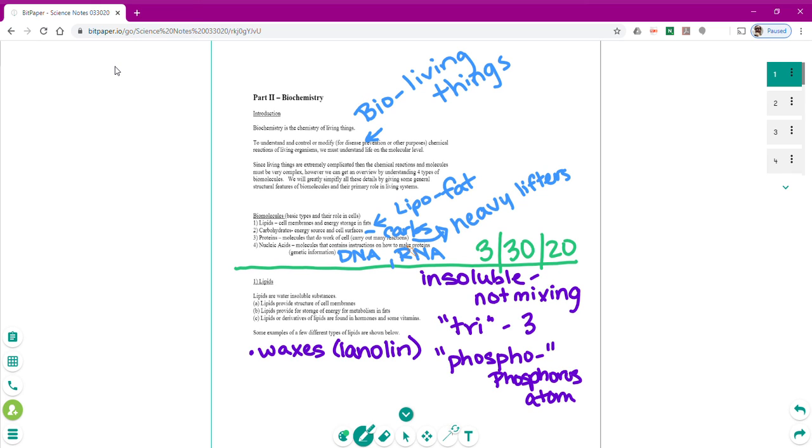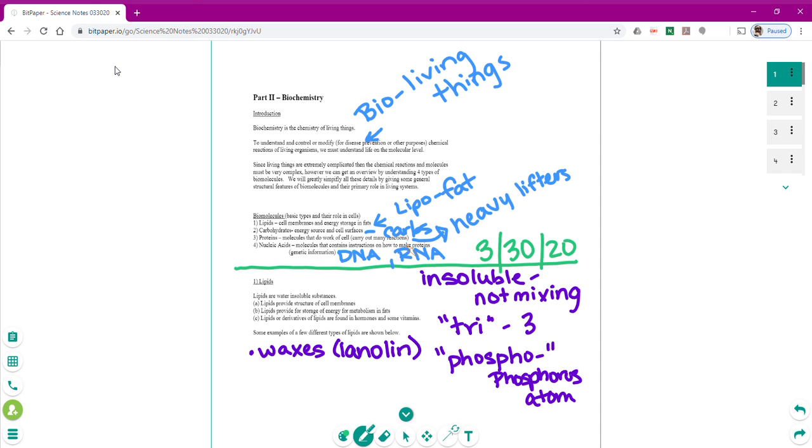So if we talk about phospholipids, we're talking about this fatty acid chain group that tells us exactly what it is and how it's going to work, and we're talking about it having a phosphorus group attached.